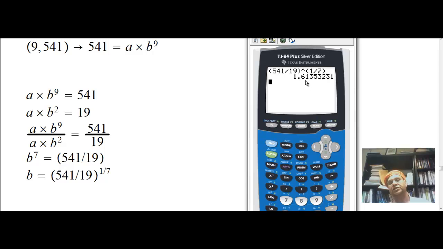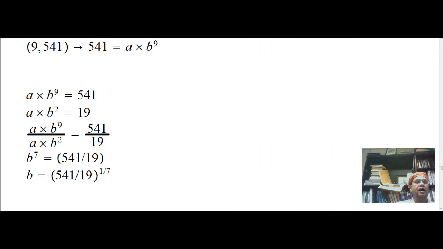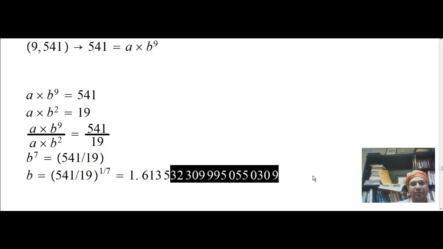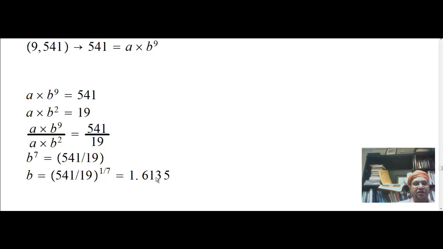The question is asking us to round to 4 digits after the decimal sign. So I got this from the calculator, and I'm rounding it to 4 digits after the decimal sign.